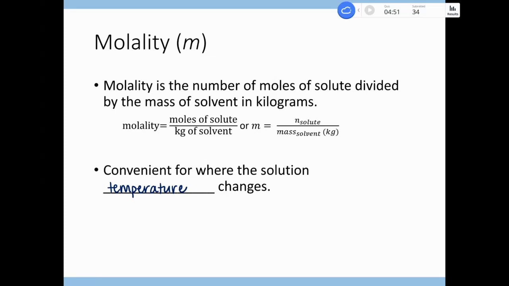So it doesn't matter if you're heating up the solvent or not, it will have the same amount of mass present. So it's okay to change temperatures to have the same molality calculation. The numerator is the same, still moles of solute. The denominator is different from molarity, where now we're calculating mass or kilograms of the solvent. And we use lowercase m for molality.